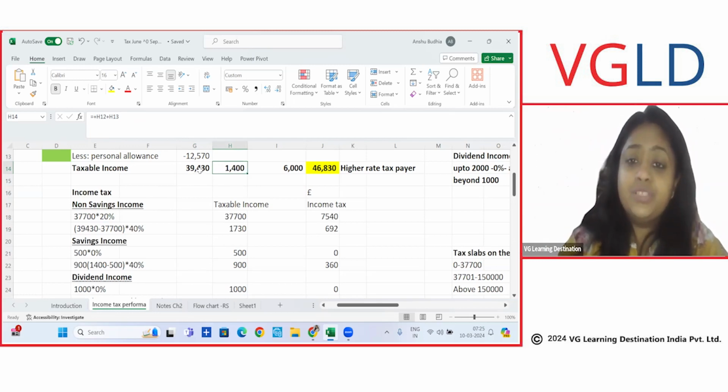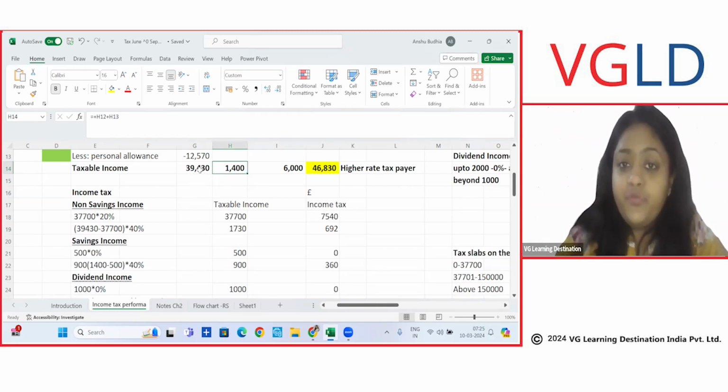You always see first your non-savings income. If this is less than 5,000, then the difference amount will reduce the savings income. That's all. But here, you find that 39,430 is more than 5,000. So that starting nil rate band of 5,000 is not applicable to savings income.